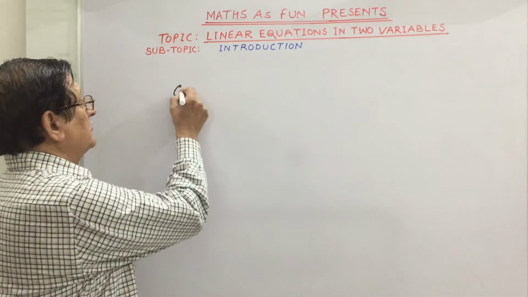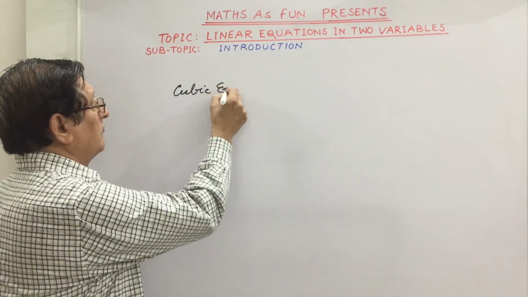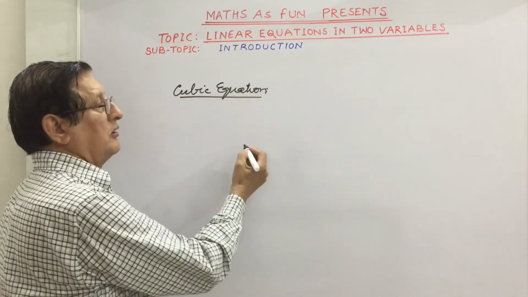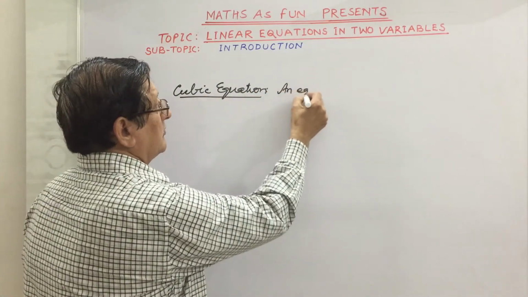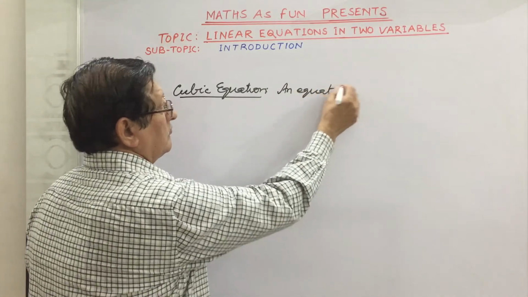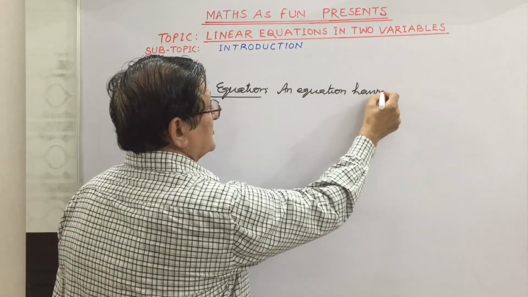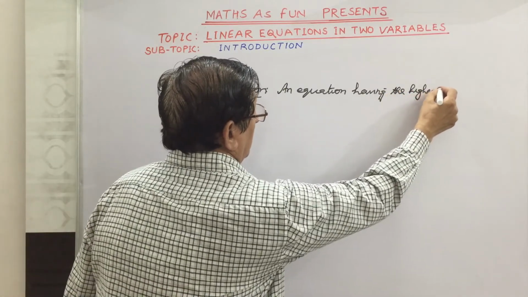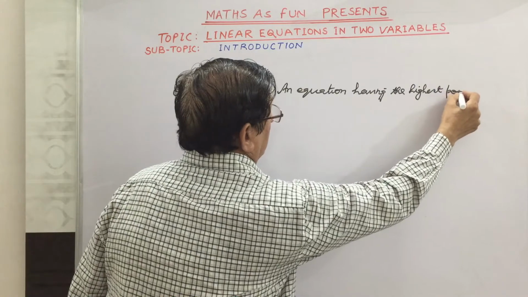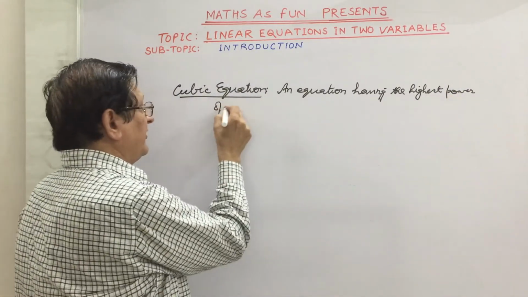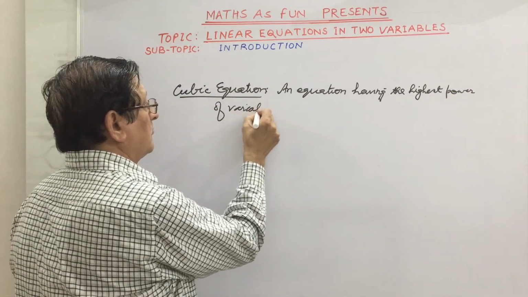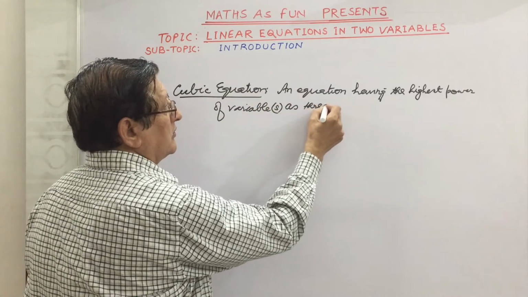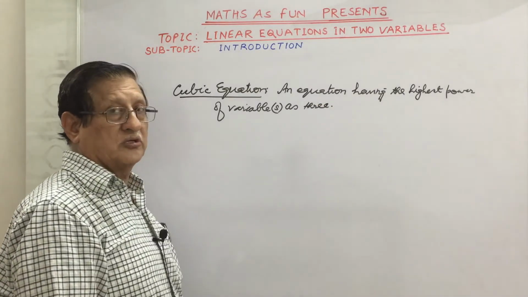A cubic equation. An equation having the highest power of variable or variables as 3 is a cubic equation.